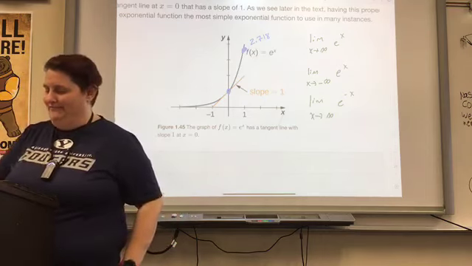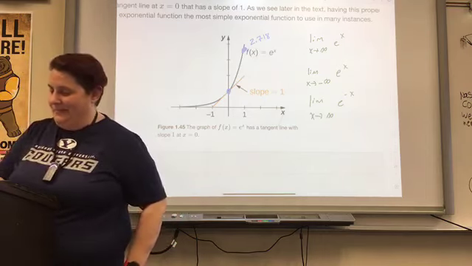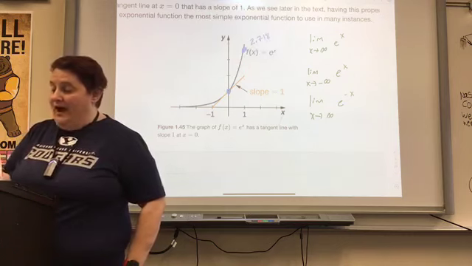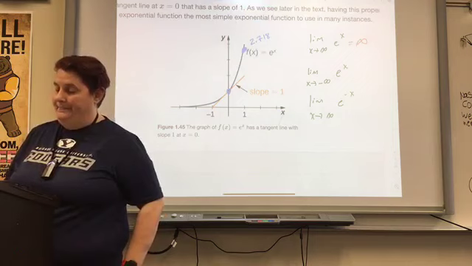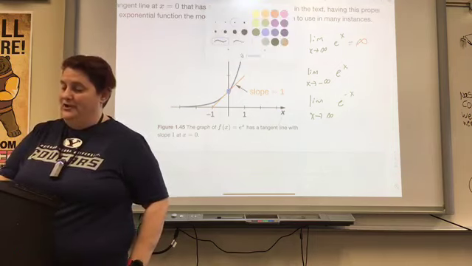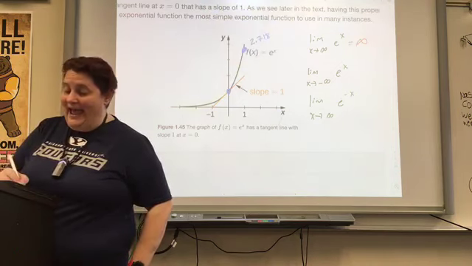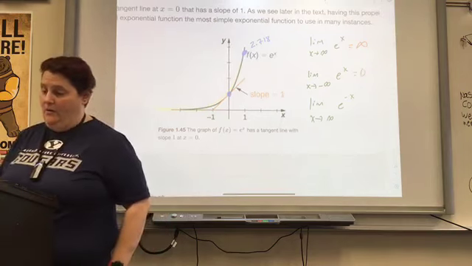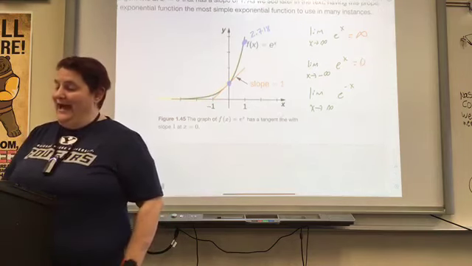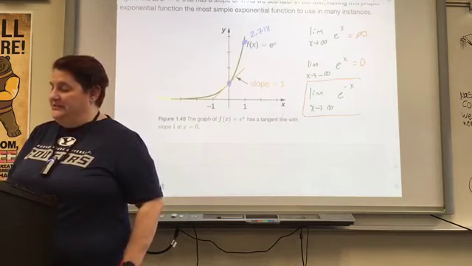Okay, so look guys, if I know what the graph does as x goes to infinity, this goes to infinity. As this goes to negative infinity, it's getting closer to 0, right? And this is the one we actually see the most often.